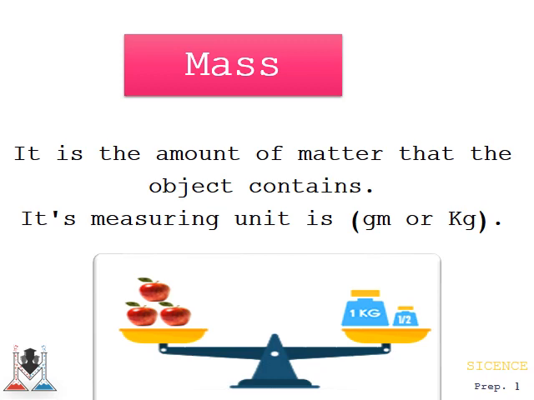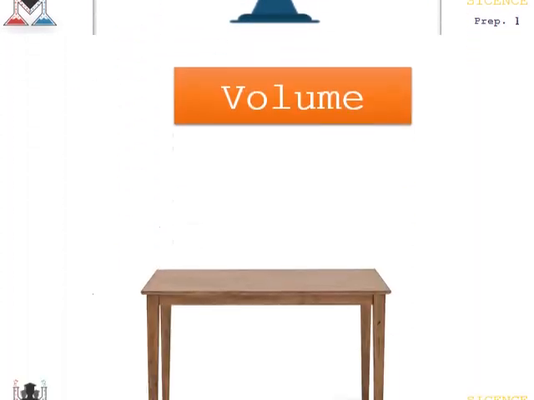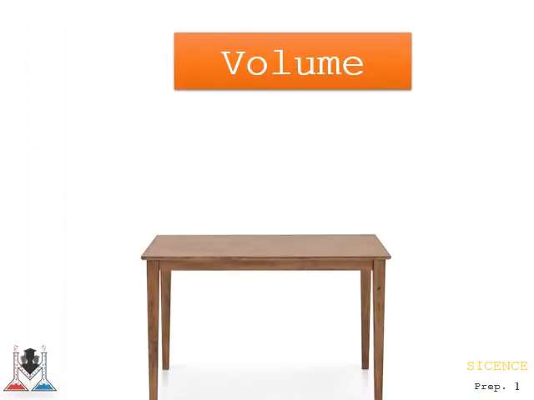If you put 6 apples, their mass will increase. Why? Because the amount of matter increased. So we proved that apples have mass. Number 2, volume. Look at this picture.